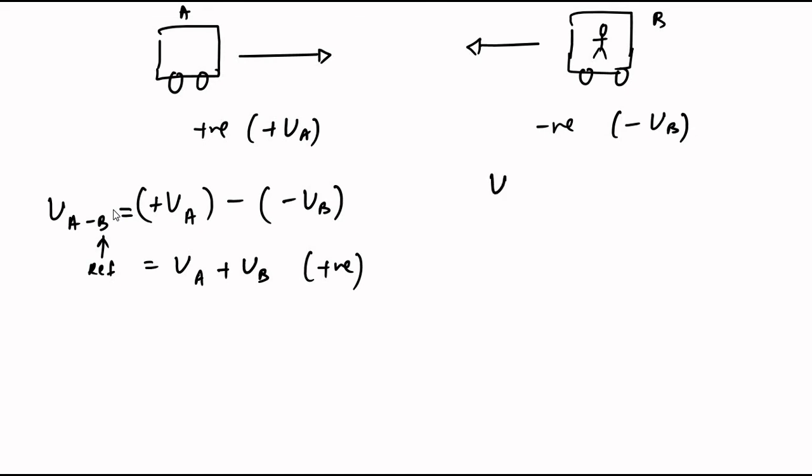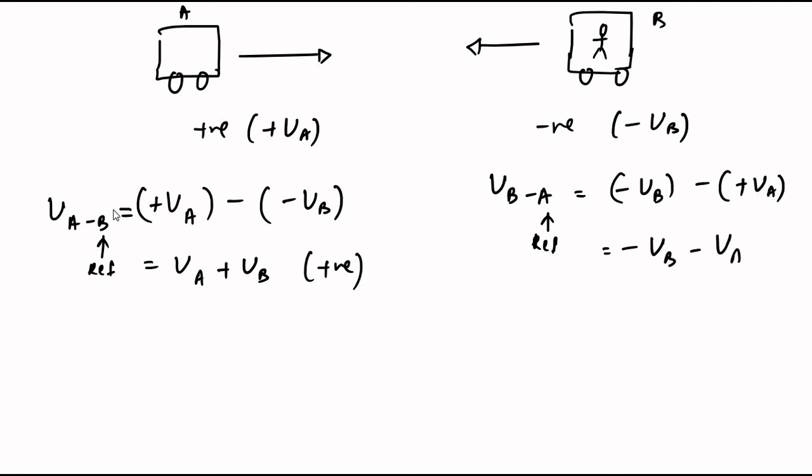Similarly, VBA, that is velocity of B with respect to A, with A being the reference, it will be minus VB, because it is moving towards left, minus VA, which is minus VB minus VA, that is minus (VB plus VA).